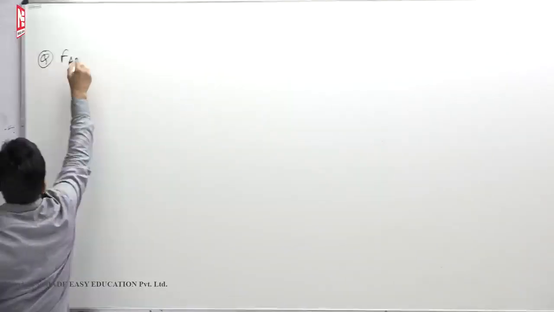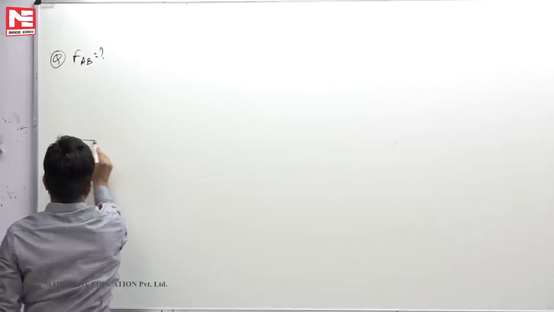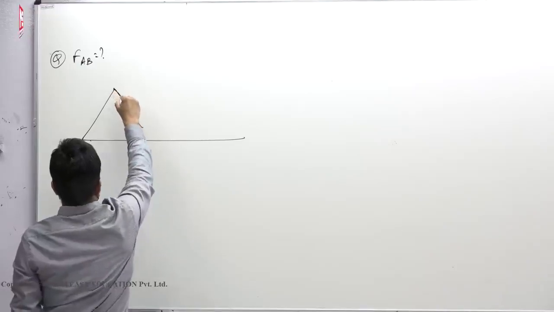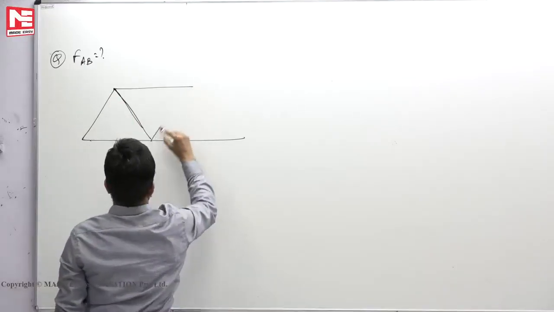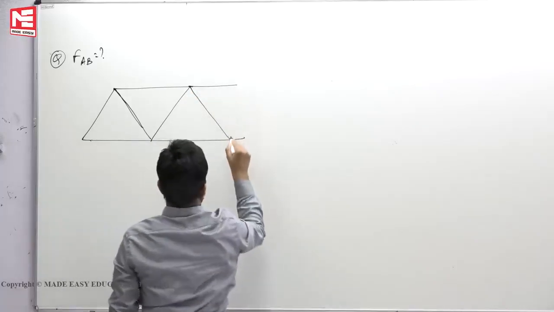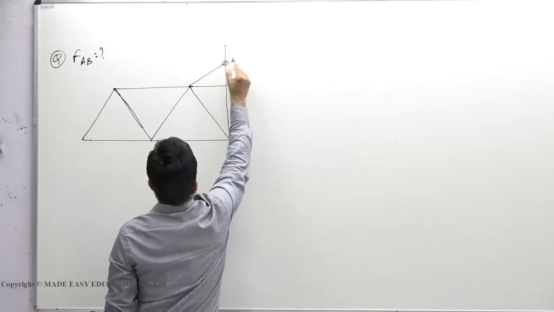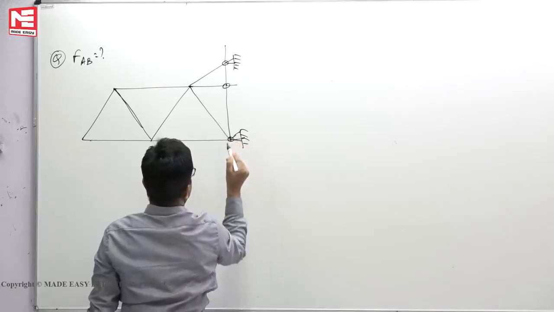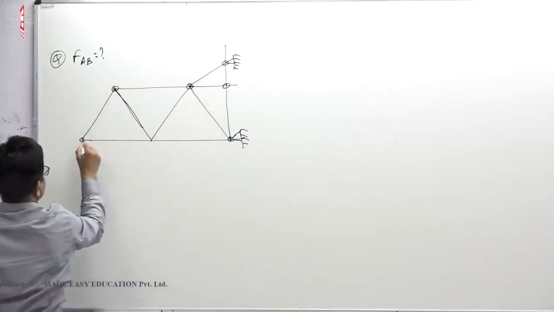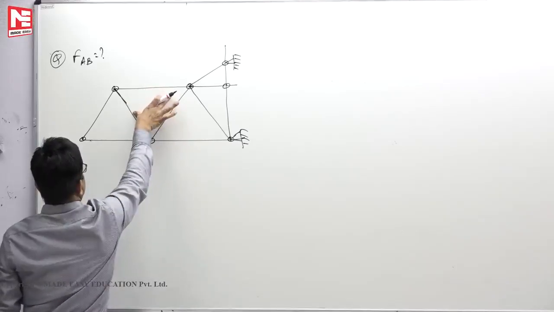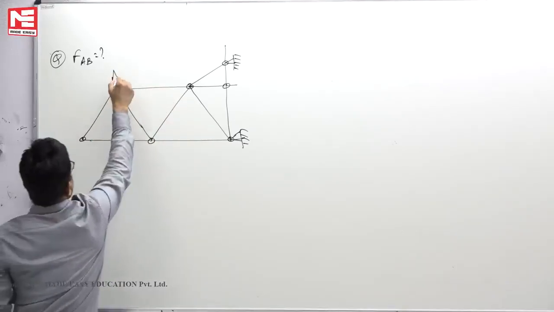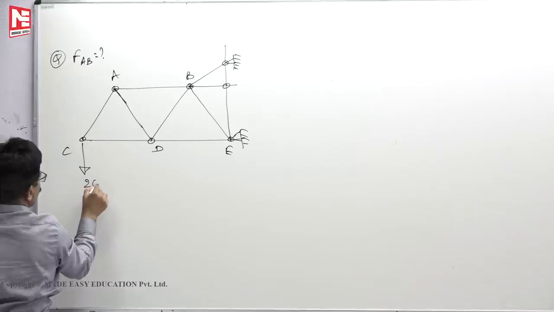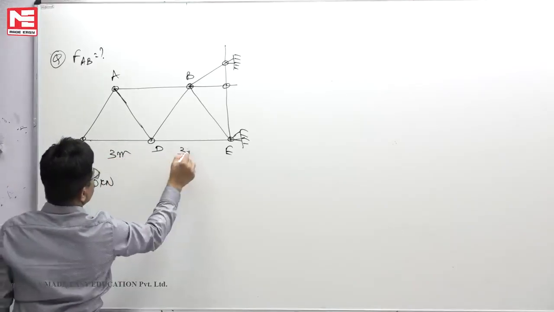Force in the member AB. Let us say this is AB, C, D, E. Assume that there is a load of 20 kilonewton, 3 meters, 3 meters.